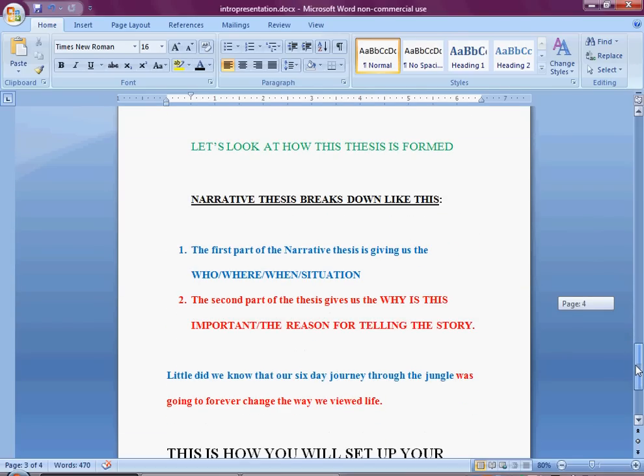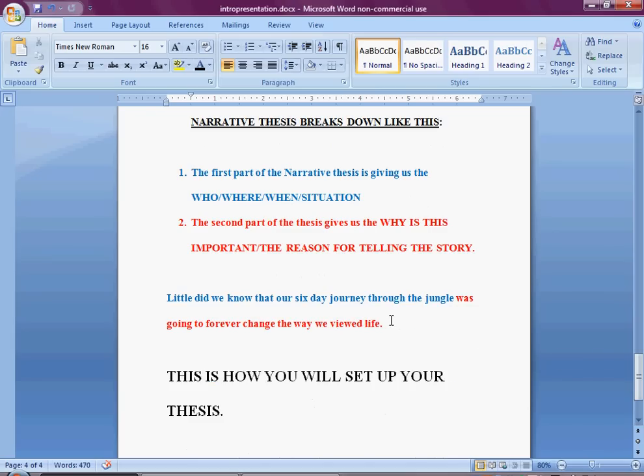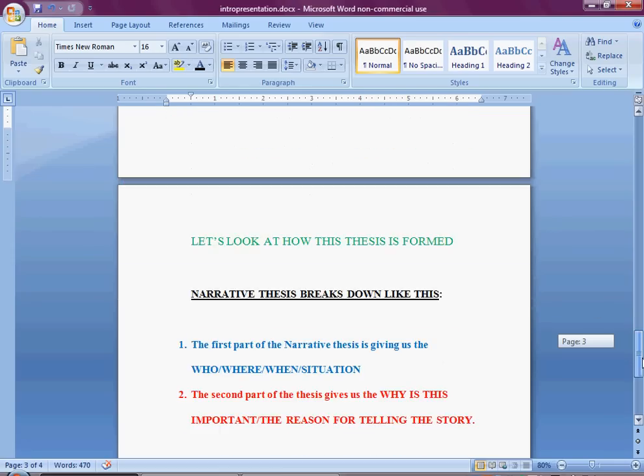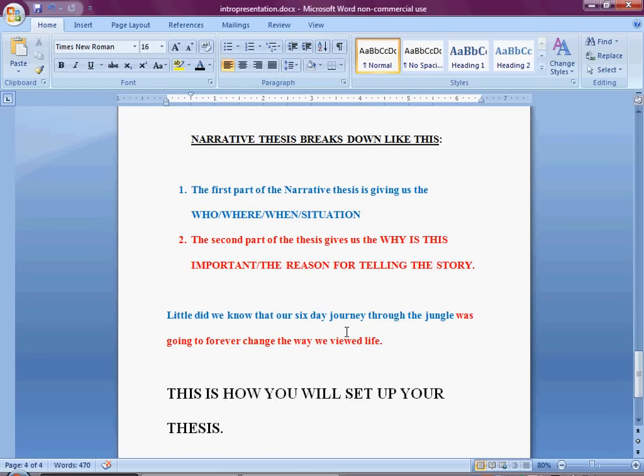Okay, so let's look at how this thesis is formed. A narrative thesis breaks down like this. The first part of a narrative thesis is going to give you the who, where, when situation of your thesis statement. And the second part of the thesis is the why this is important, the reason for telling the story. So it's almost like a formula, this thesis statement is. For example, the above thesis statement is now broken down into these two parts, into blue and red.